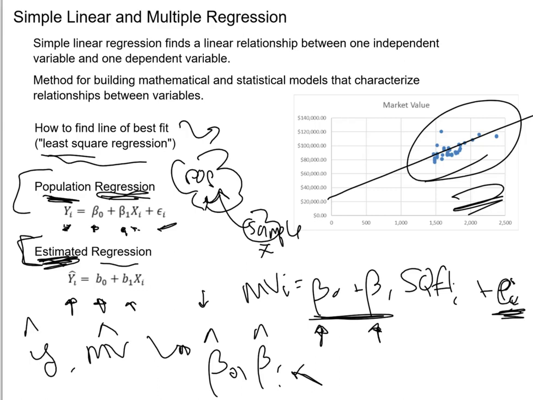And remember, that error term represented all the things other than square feet that influenced market value of a house. What we assume about that error term is that on average, the error is equal to 0. We assume on average that the error term is equal to 0.